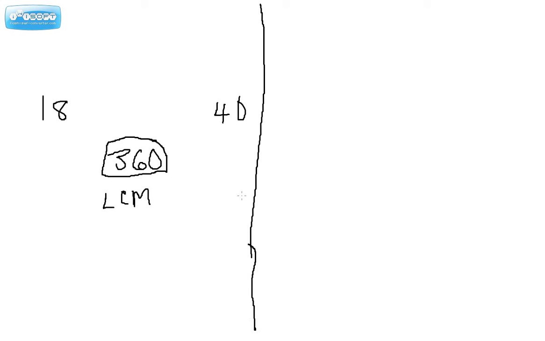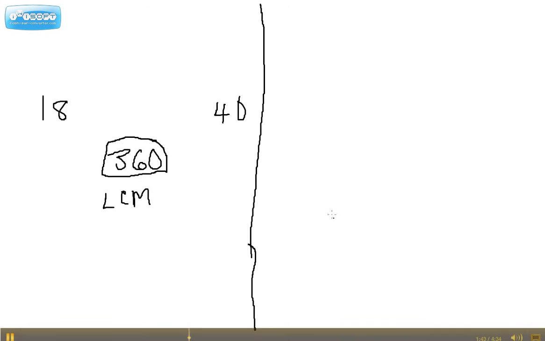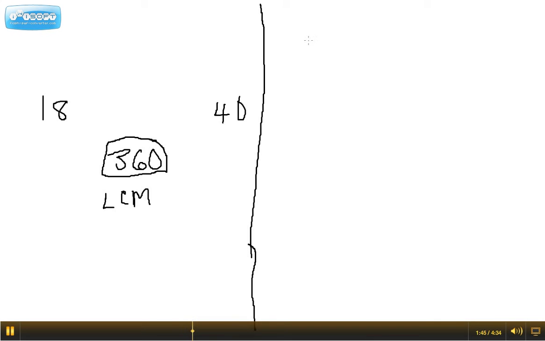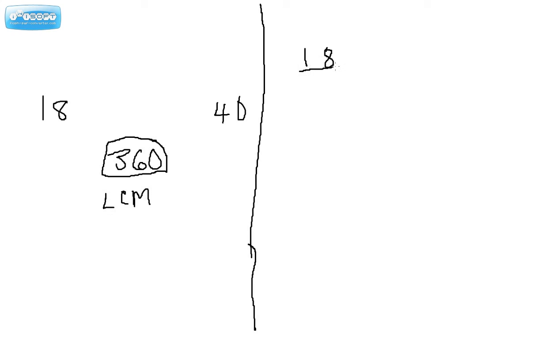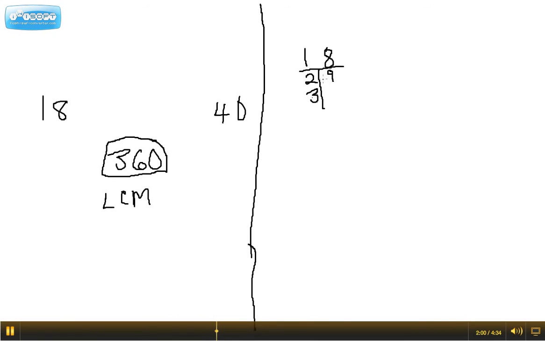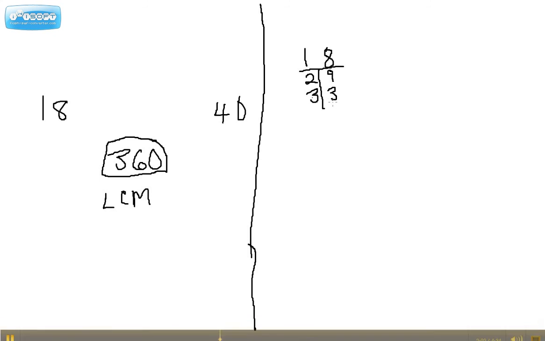So if we do the prime factorization of 18, I'm going to start with the lowest prime number 2. 2 divides into 18 9 times. Well, 2 won't go into 9, but 3 will. 3 goes into 9 3 times.